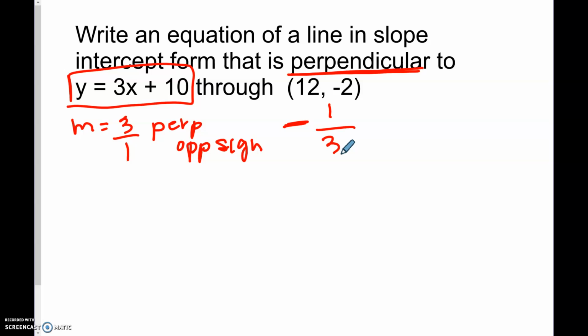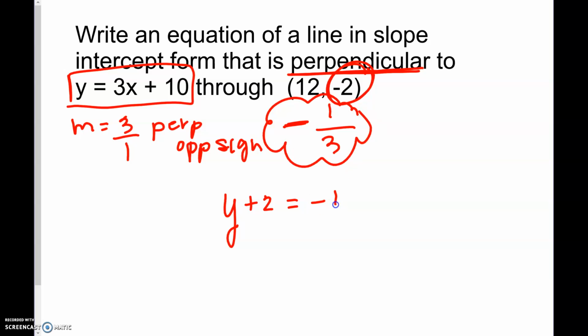All right, now let's use this ordered pair to put it in point slope form. So y, and our y value is a -2, so I write +2. Then use this slope that we just figured out, -1/3. And we've got x, and because that's a positive 12, I am going to write a -12. All right, now we need to do the distributive property. So y +2 equals -1/3 x.